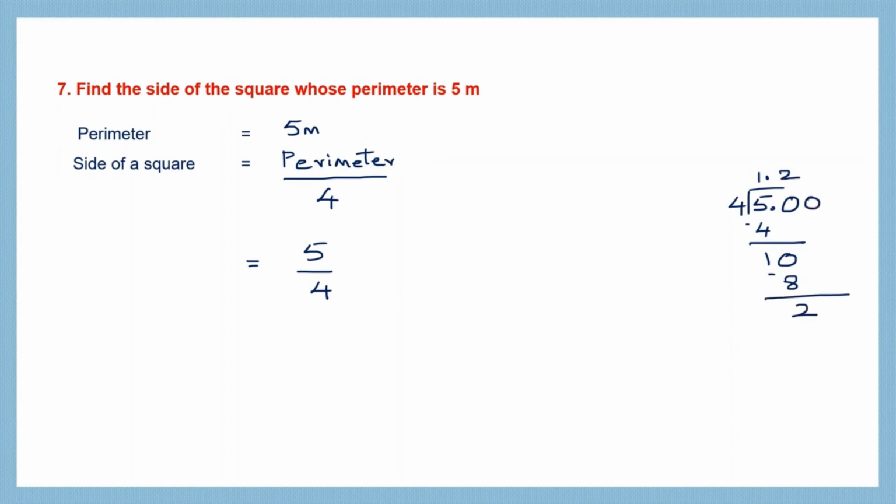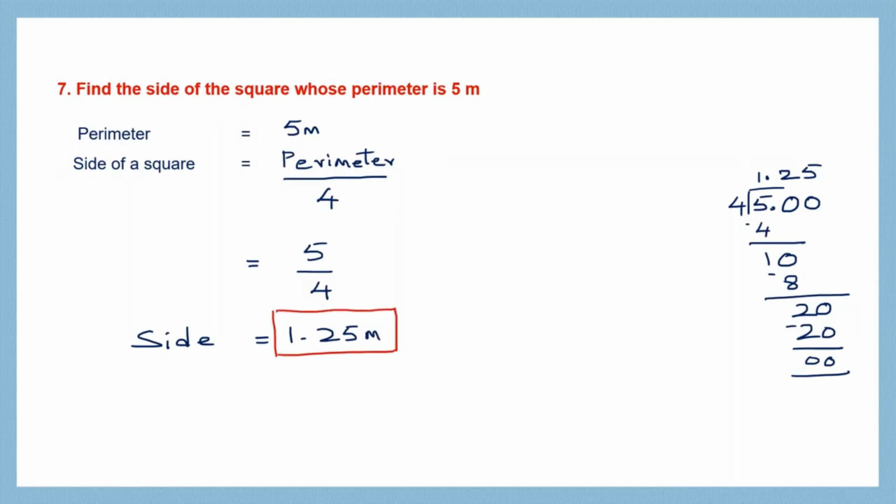Put one more 0, bring it down. Now 20. 4 5s are 20. So with this my division gets over. So what have I got here? The side of the square is equal to 1.25 and what is the unit? Meters. So we have found the answer. The side of the square is equal to 1.25 meters.